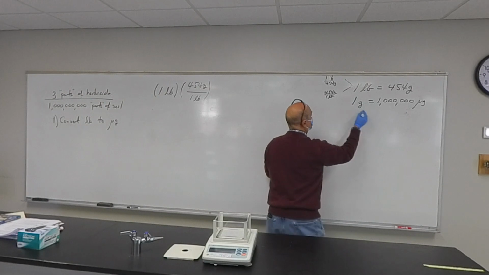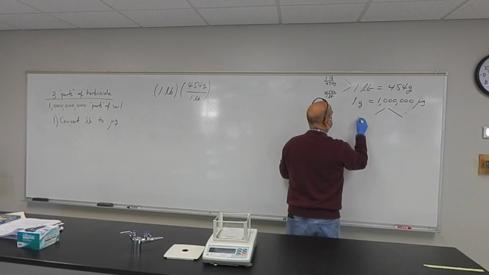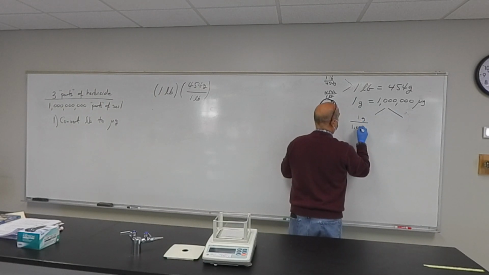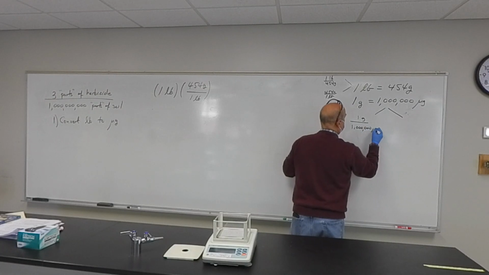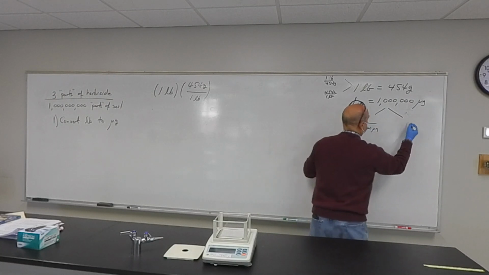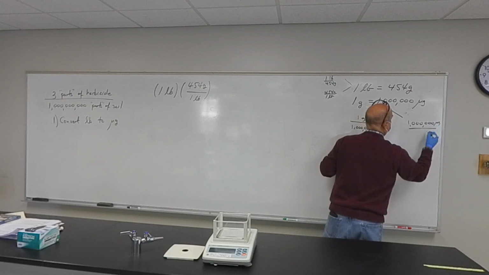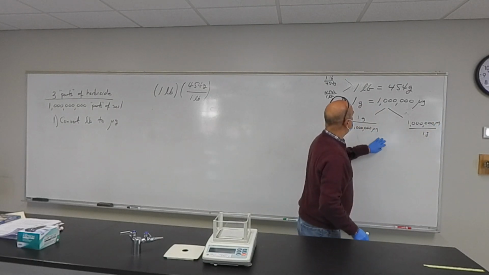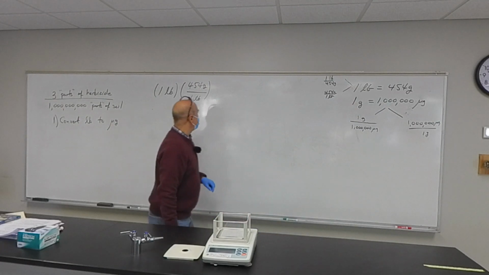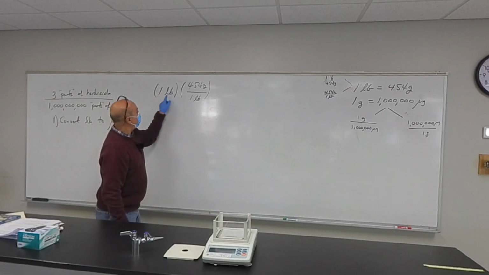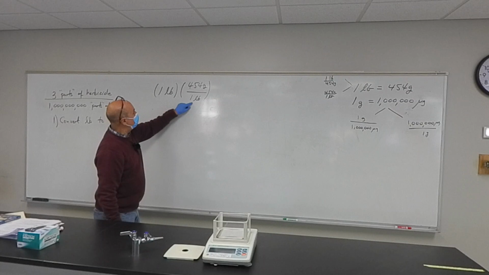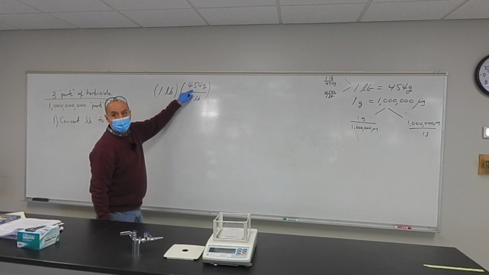Again, please, two conversion factors coming out of every equality. By the same token, this is going to give you 1 gram divided by 1,000,000 micrograms, or 1,000,000 micrograms divided by 1 gram. So when we multiply those two numbers, we get rid of pounds, we keep grams, right?